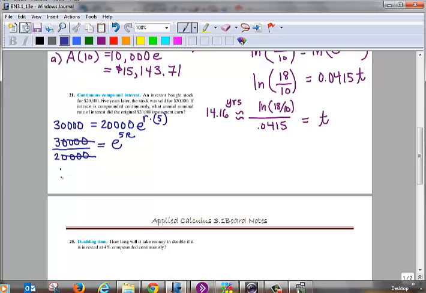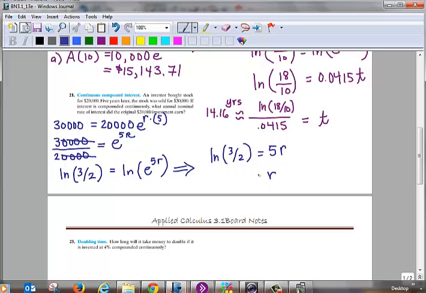So now I'll take the natural log of both sides. So I'll have the natural log of 3 halves equals the natural log of e to the power of 5r. And this gives me the natural log of 3 halves equals the exponent 5r. Again, when I take the natural log of e to some power, I get the exponent.